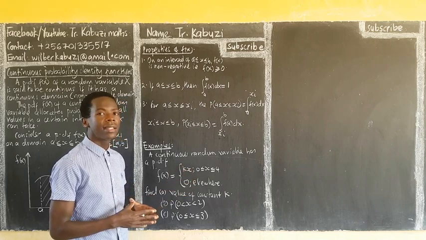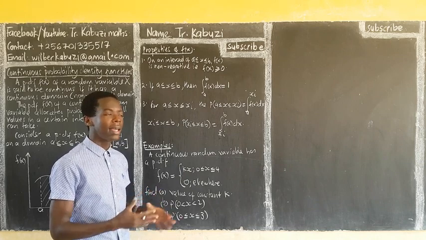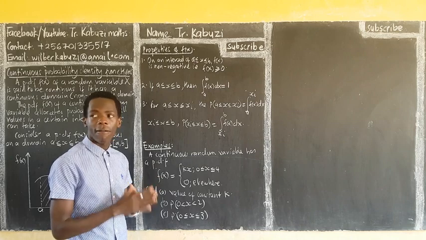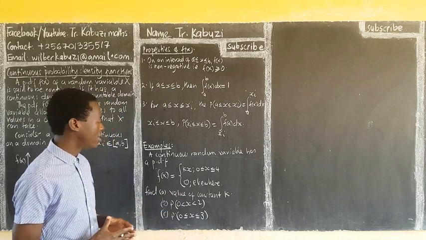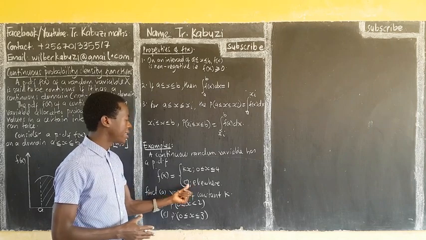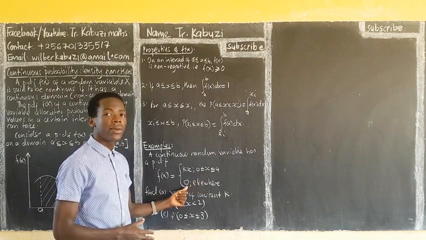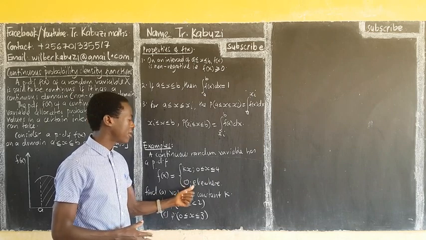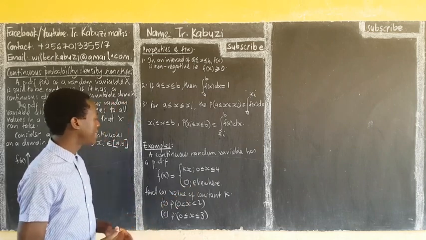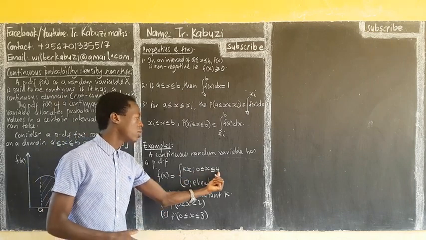Now, in continuous, we take the signs to be the same, so they are not so important here. But in discrete, signs are very important. So 0 elsewhere means that for any value of x which is not in this range, its probability is 0. That's why they write 0 elsewhere. So this means that the probability is given by this function from 0 to 4.